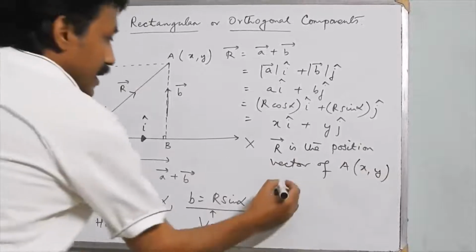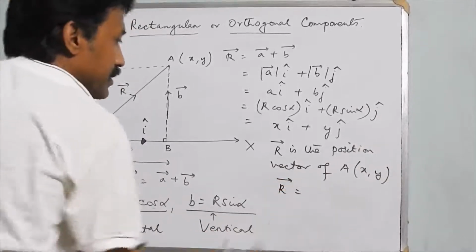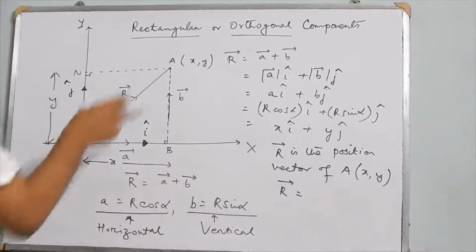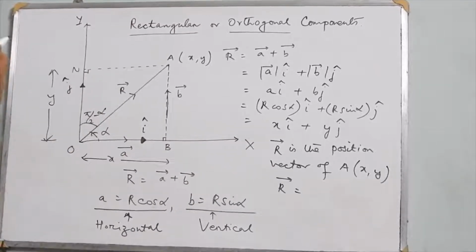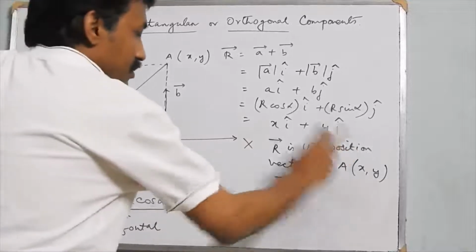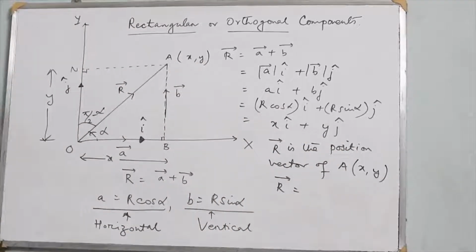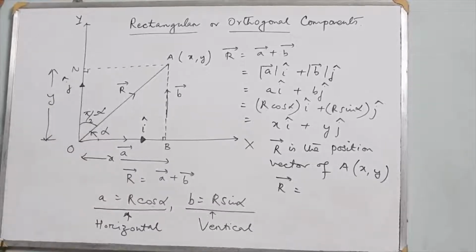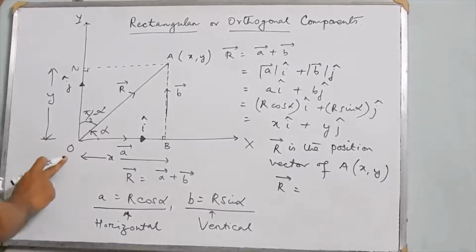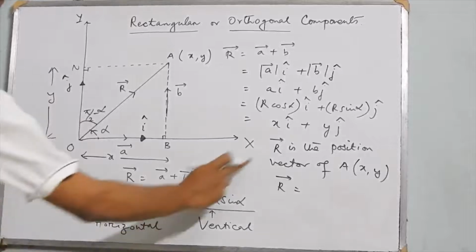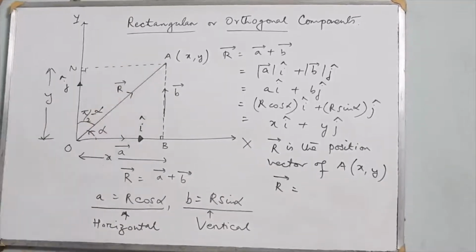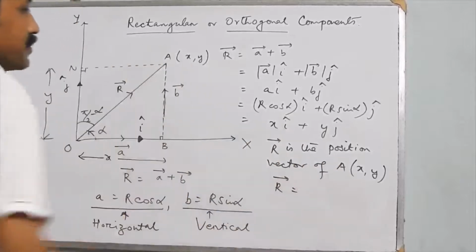And then we can write the position vector r vector. The position vector means its origin is at the origin of the coordinate system. Whenever we write position vector or indicate position vector, it is with respect to the origin of the coordinate system. So here the coordinate system has its origin at O. So the vector r will start from this point and it will end at the given point whose coordinates have been mentioned.